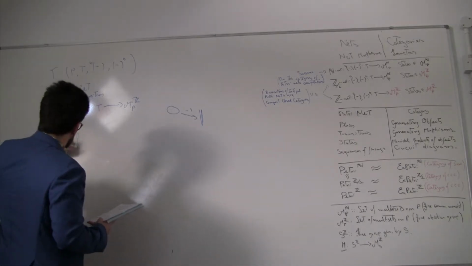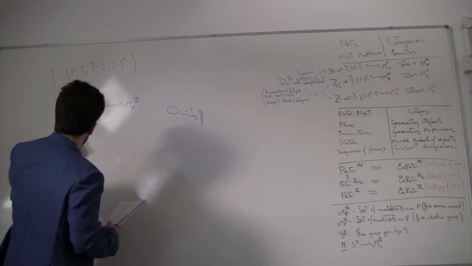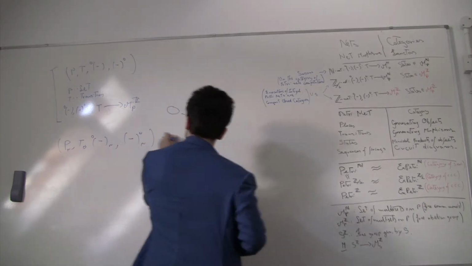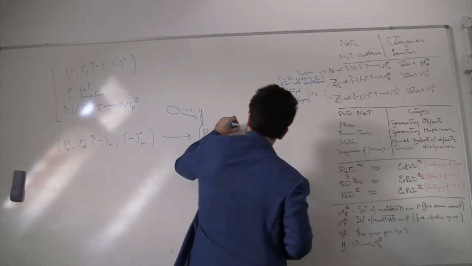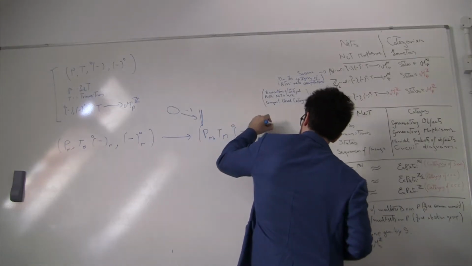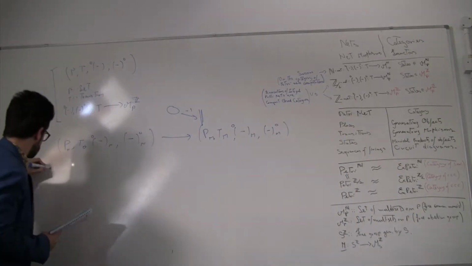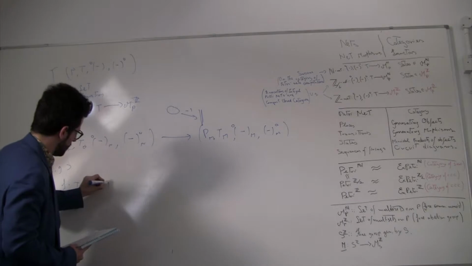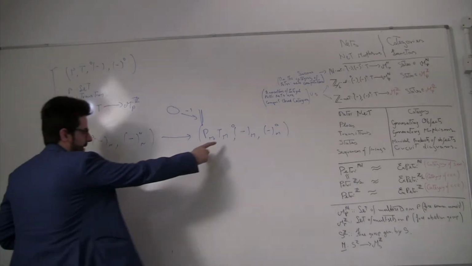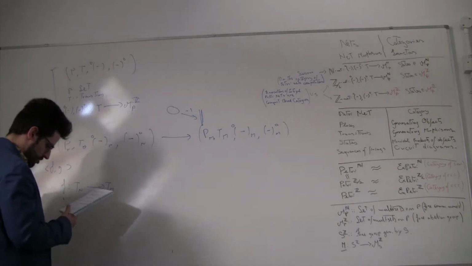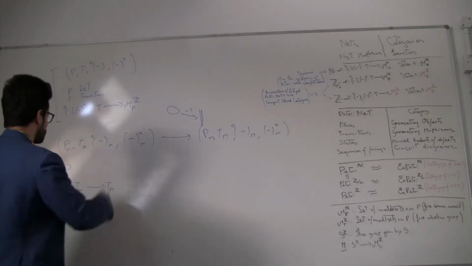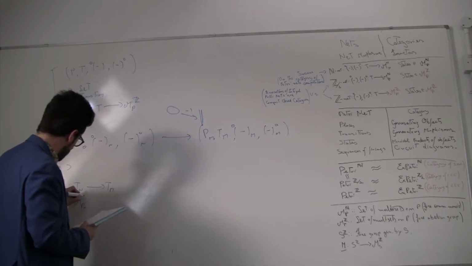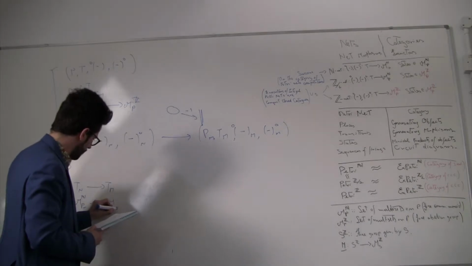Now, a morphism of nets that goes from (P, T, M) to (P', T', M') is just a pair of functions (f, g), where f goes from T to T', so I'm mapping transitions of this net into transitions of this net, and g is a monoid homomorphism that goes from M(P) to M(P').